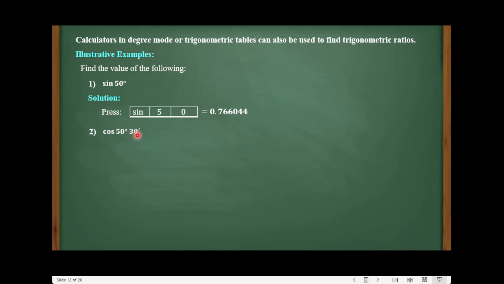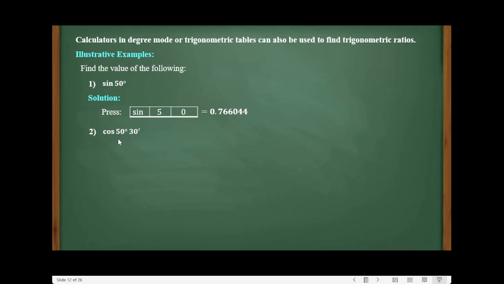When we say minutes, we are not referring to the unit of time. It refers to a unit of an angle, which is actually a portion or a fraction of a degree. So when we say 30 minutes, this is actually equivalent to 1/2 of a degree. Okay? 1/2 of a degree.